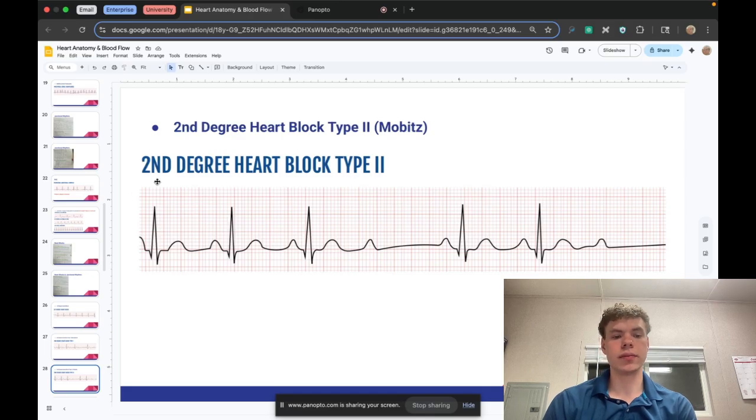Second degree, normal, normal, normal, P wave, no QRS, normal, normal, no QRS. So second degree heart block type 2, it's frequently skipping beats, right? And that's not good because, as I mentioned earlier, if your heart is skipping beats that it should normally be having, that's not going to help you perfuse. It's not going to give you the cardiac output that you need, especially if your heart is skipping beats frequently.